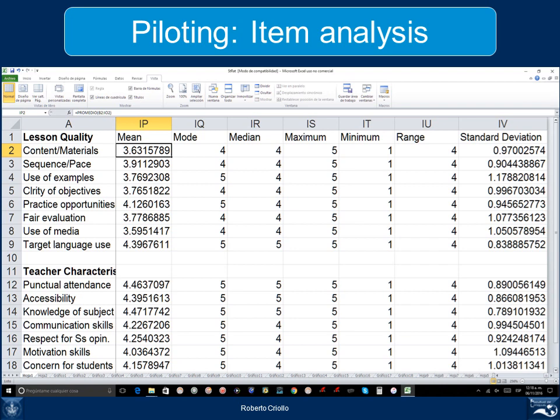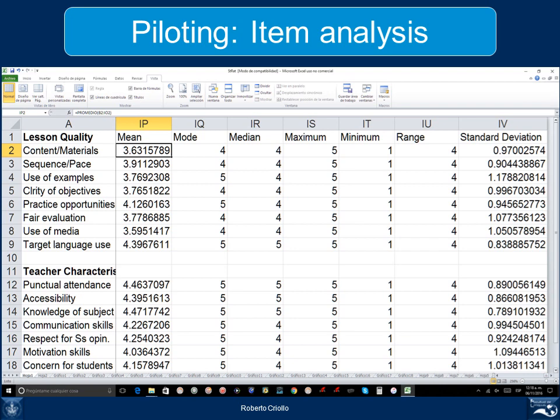So first of all, we can see, as far as lesson quality is concerned, that the highest average was 4.12 for practice opportunities. So this means that according to the students' opinions, the teachers give a lot of opportunities for them to practice.